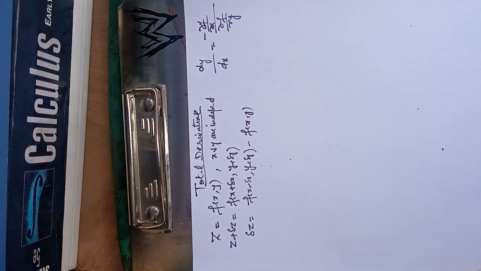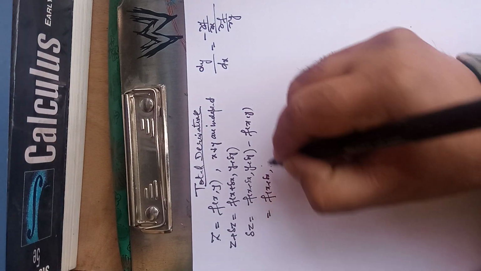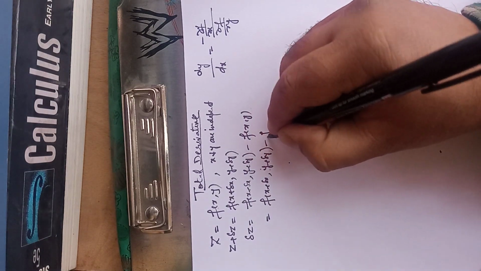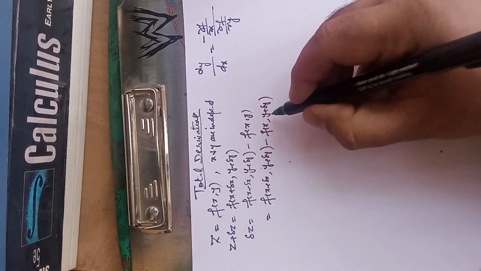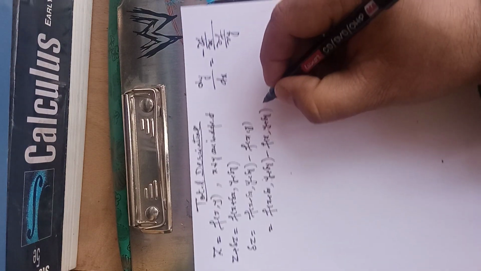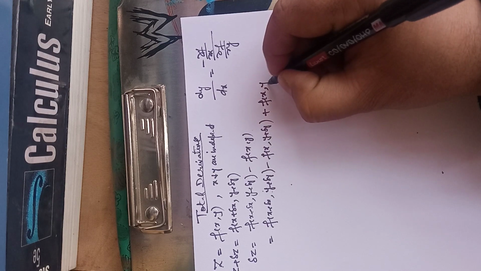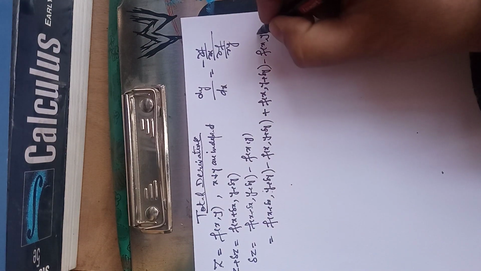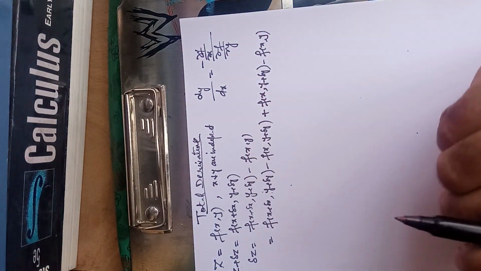Fine. Now this can be written as f of x plus delta x, y plus delta y minus f of x, y plus delta y. I have subtracted f of x, y plus delta y. I will also add the same quantity, f of x, y plus delta y, minus f of x, y. Doesn't matter because if these two are cancelled, you will get this thing only.